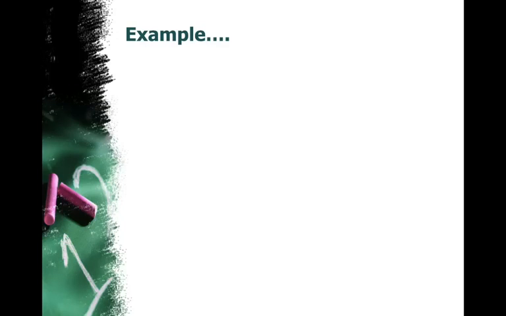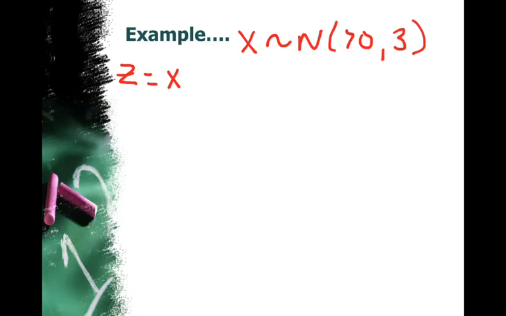Here we were saying that x is normal with a mean of 70 inches and a standard deviation of 3 inches. Here we're looking at the population, and so z equals x minus the population mean divided by the population standard deviation.